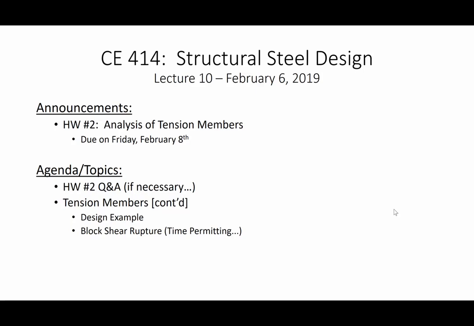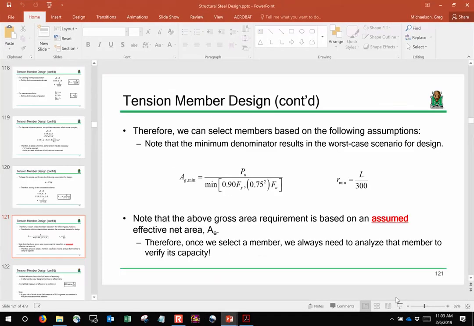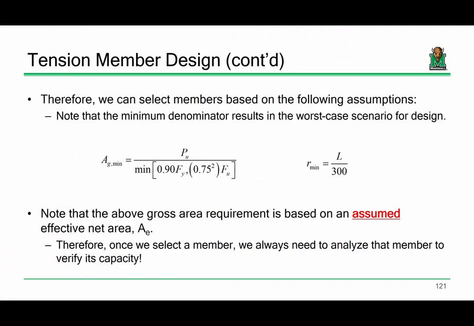All right. So today, we're going to do a design problem, start to finish. It's lecture 10, and we're finally going to do some steel design. Let me say a couple things about the design process and the procedure. First off, in design, you are making assumptions.